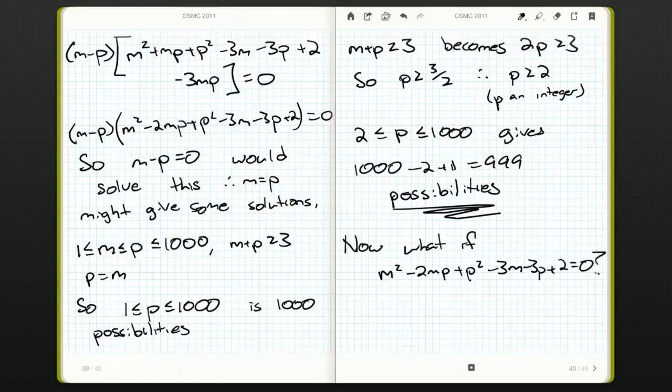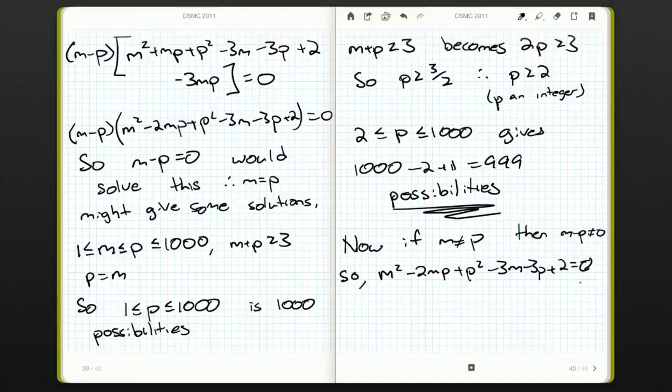So that's so far the other way we can solve this. A better way to phrase that might be, okay, we solved the m equal p case. So if m is not equal to p, then we need this to be equal to 0.